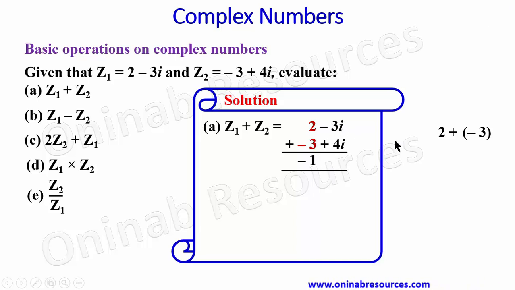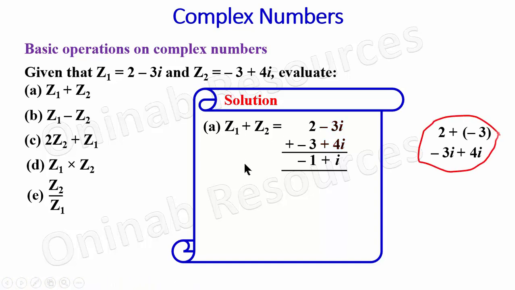Then also we have the imaginary part, which is negative 3i plus 4i. So negative 3 plus 4 gives 1. So we have our answer there as negative 1 plus i. That's the end of solution to the addition of z1 and z2.